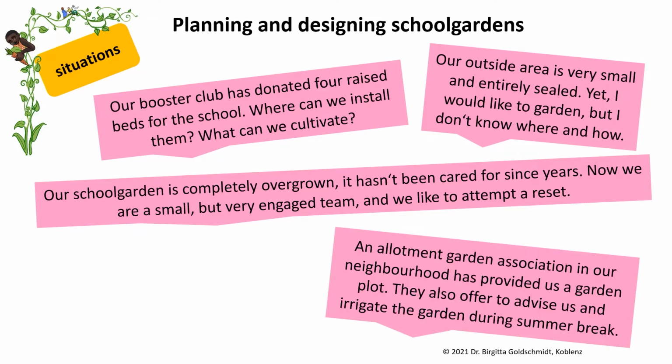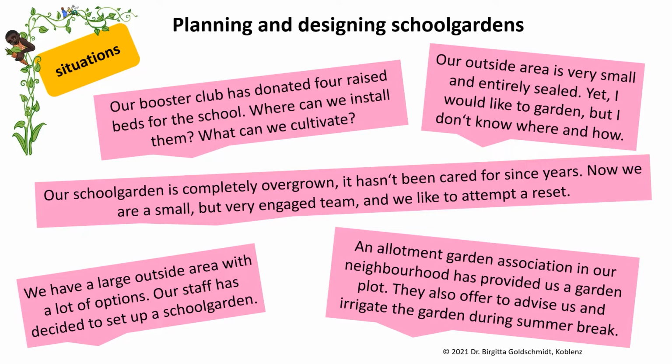Another situation is that you don't have a space on the school ground itself, but you have an allotment garden association in your neighborhood who provided you a garden plot. And it's often the case that these people who provided this offer to advise you and to irrigate the garden during the summer break. And the last and perhaps optimal situation is that you have a large outside area with a lot of options, and you have a staff that has decided to set up a school garden, and you can build a planning group and a designing group, and you have much freedom to plan and design.